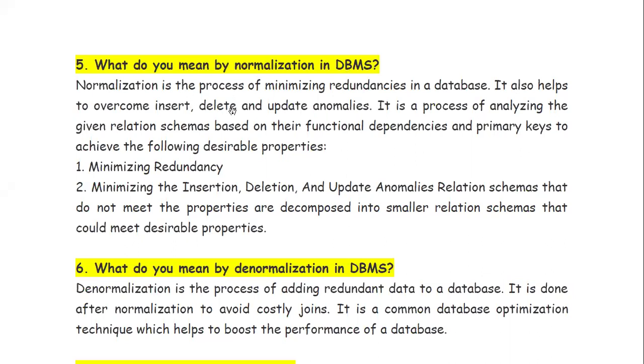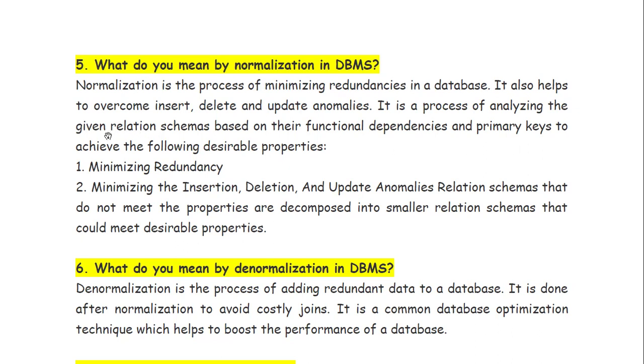Normalization is the process of minimizing redundancies in a database. So whenever you study databases, DBMS, you will find this term again and again: redundancy, right? This is the redundancy we actually try to minimize. So normalization is the process of minimizing redundancies in a database.